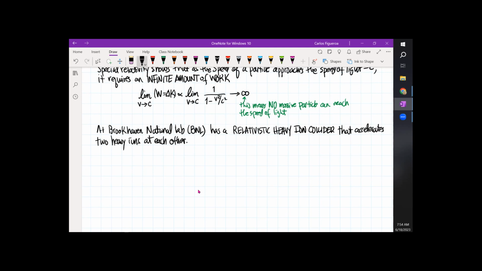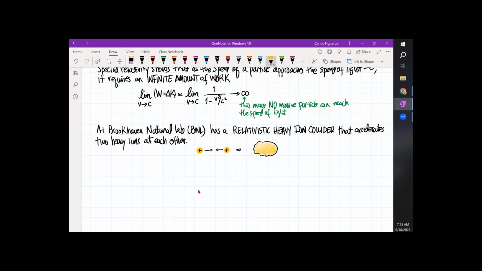So in this case, what they do is take two gold ions. They have no electrons, and they smash them together. And as a consequence, you generate an enormous amount of heat here.